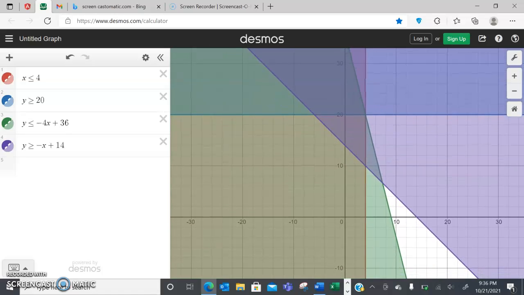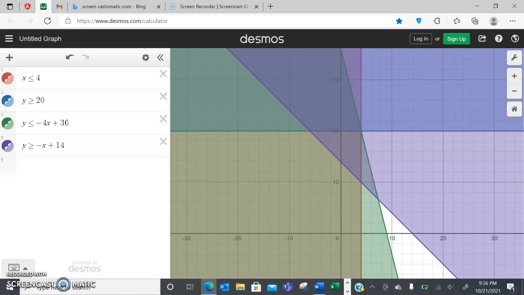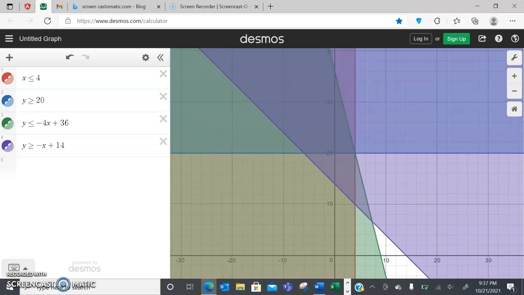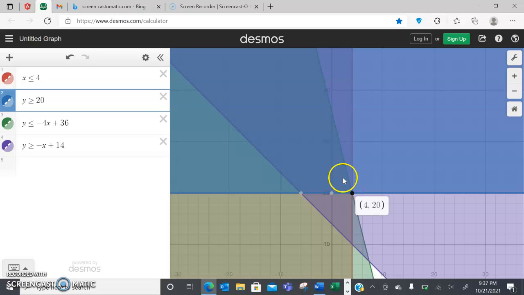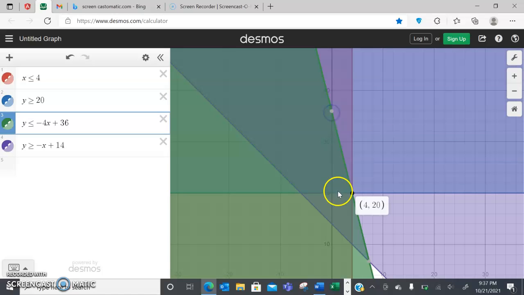All right, and really we only want things in quadrant 1 because everything in quadrant 1 is positive. We're going to have a positive number of cupcakes and a positive number of cookies. So I think these are the points that got shaded. I think this is the region that got shaded all 4 times.